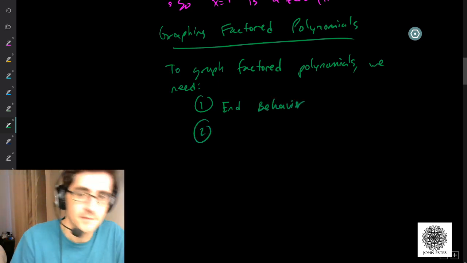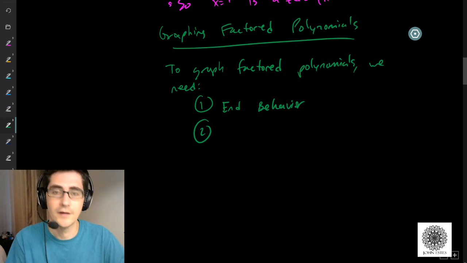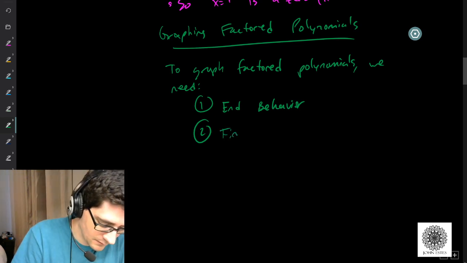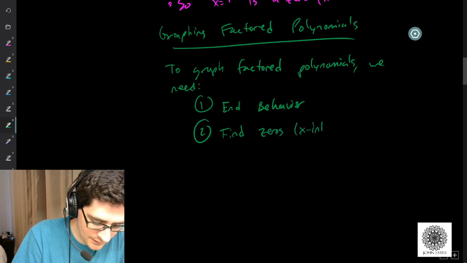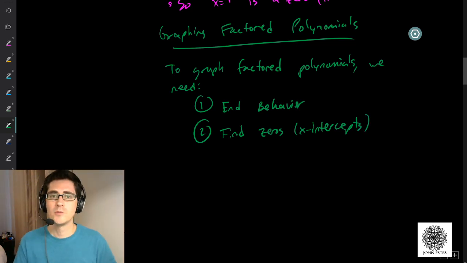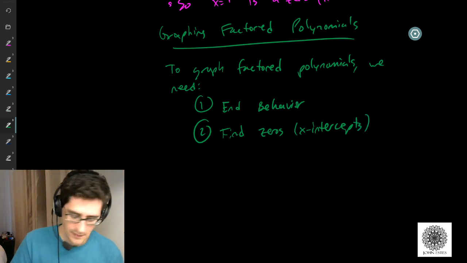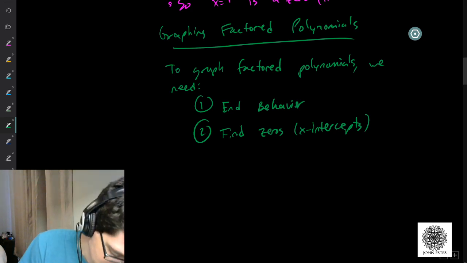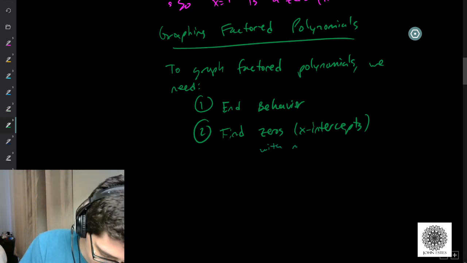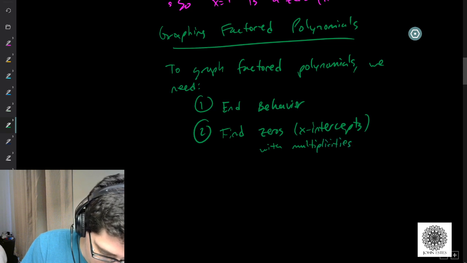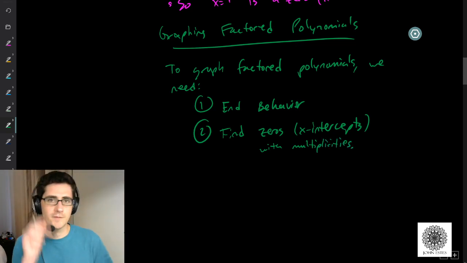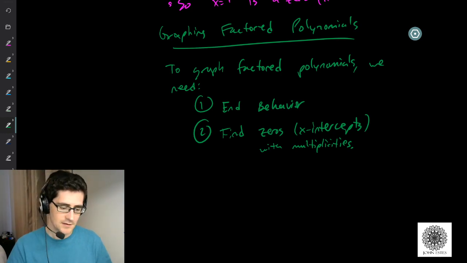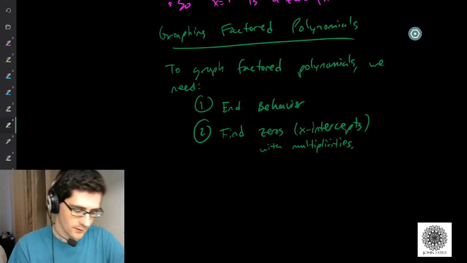Secondly, we need to find our zeros, or our x-intercepts. And when it comes to factored polynomials, that's pretty easy to do. And we should also add zeros with multiplicities. And I'll explain what that means in a little bit. Okay, so let's first look at end behavior and see how the end behavior affects our graph.